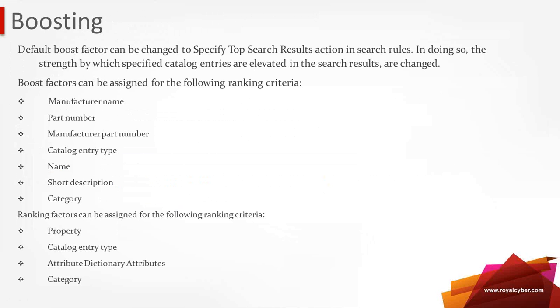So as part of the default Solr search engine schema, you have some of these fields, and each of these has a boosting value set up. You can adjust those values, and the search result will be affected by that.